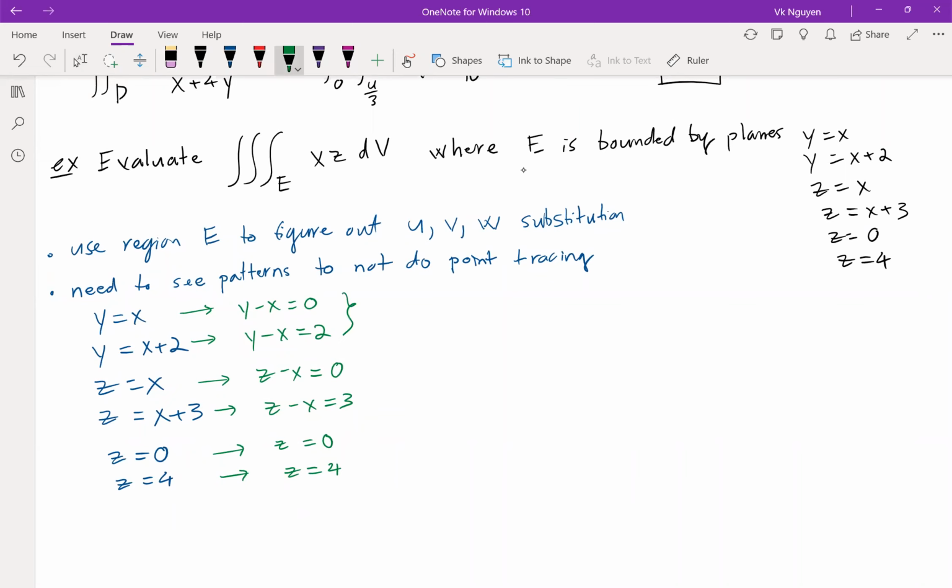Based on here, you can let u be y minus x, and then you know exactly where u goes from. v to be z minus x. w to be z.